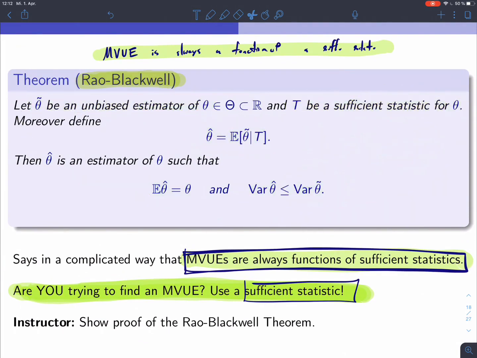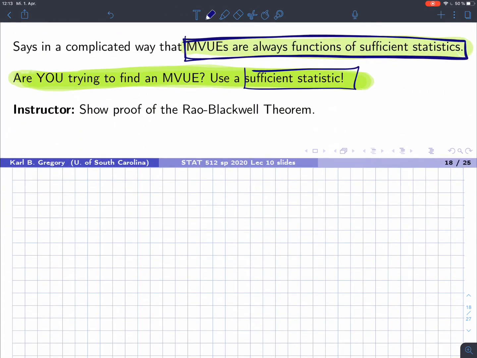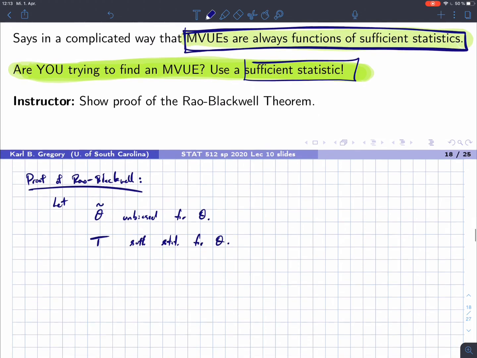So this is going to be the proof of Rao-Blackwell. Let's say we've got theta tilde unbiased for theta, and T is a sufficient statistic for theta.